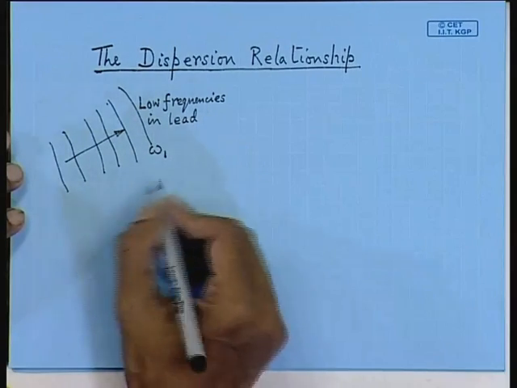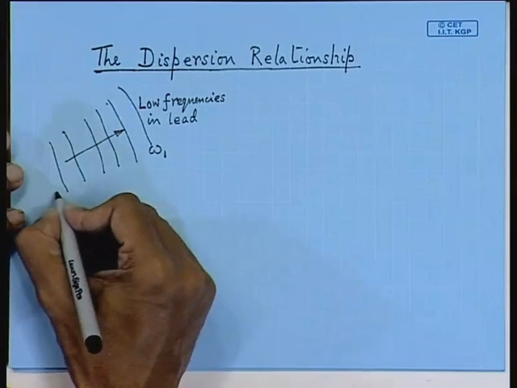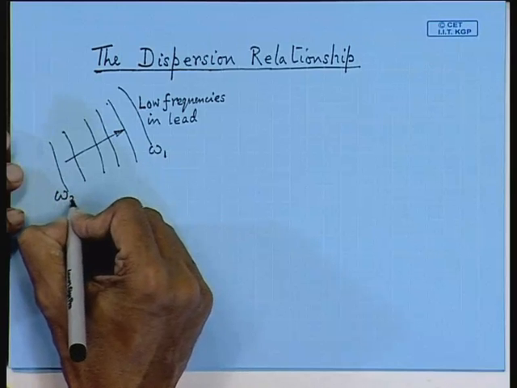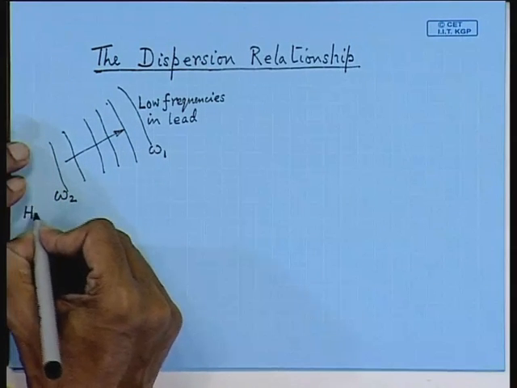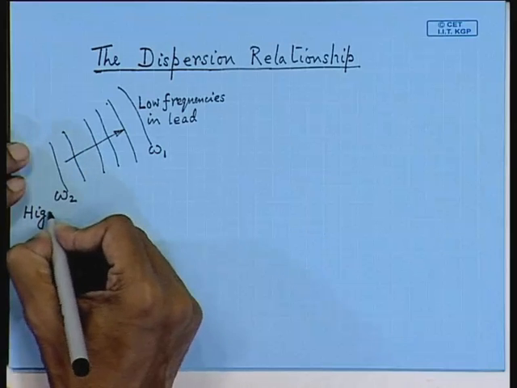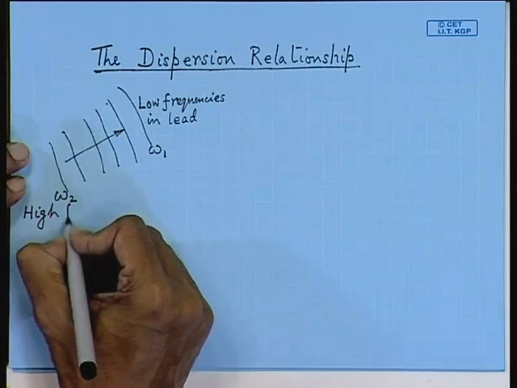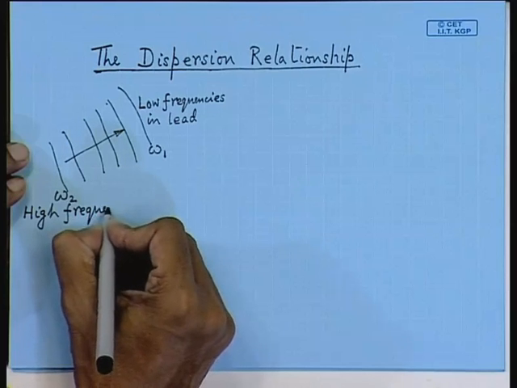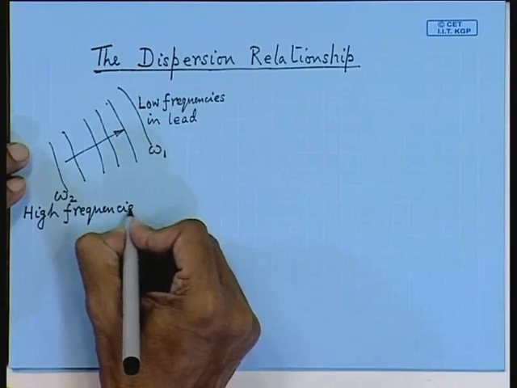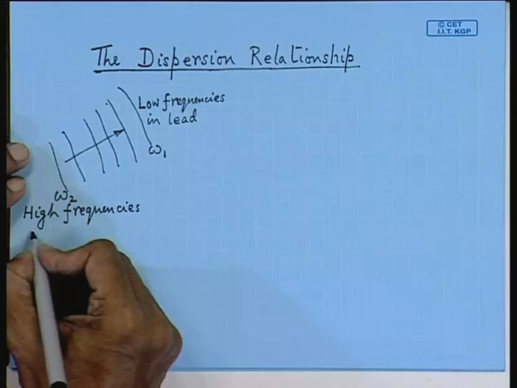Omega is 2 pi by T, and here you will find high frequencies following.